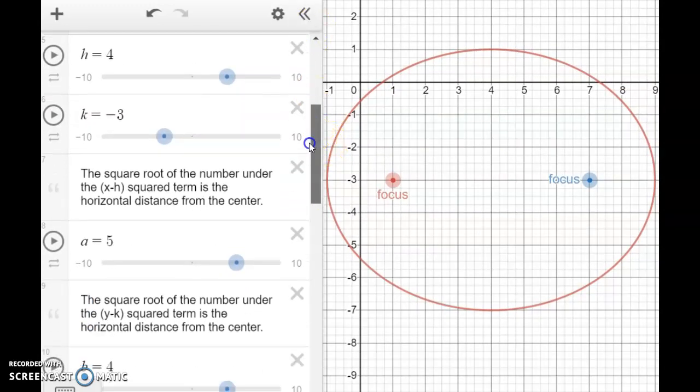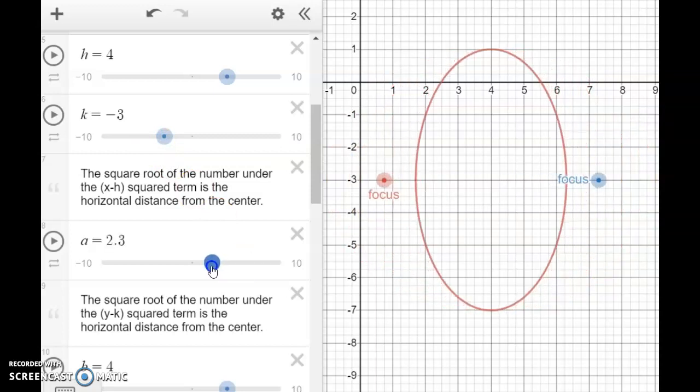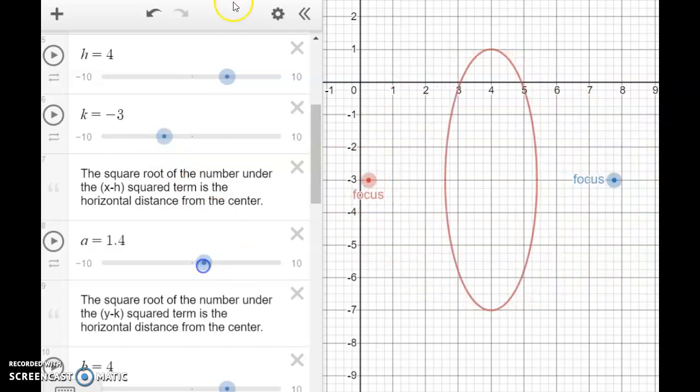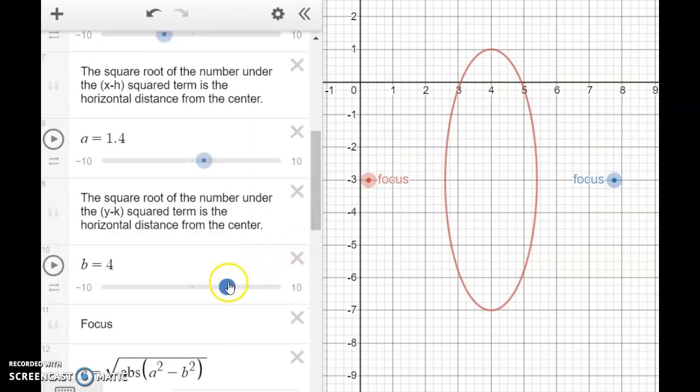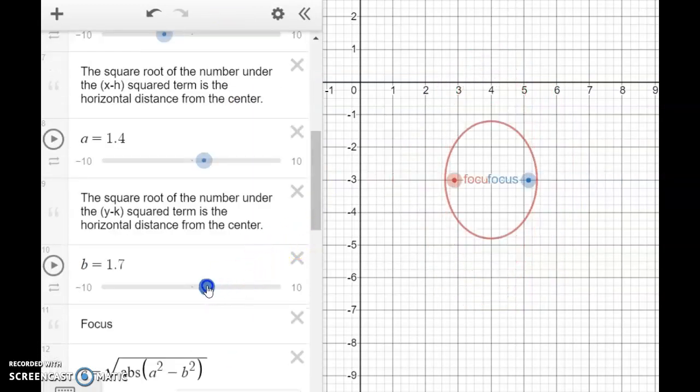Now it will become my minor axis. Actually it was 7 over 5, which is 1.4. So I hope I'm going to get there. 1.4, there we go. And then the other one was 7 over 4, which is 1.75. So it's going to be here. I don't think I can get to the, there, it's close enough.